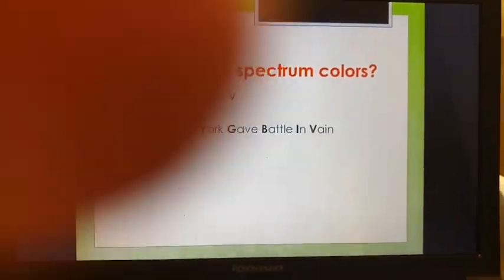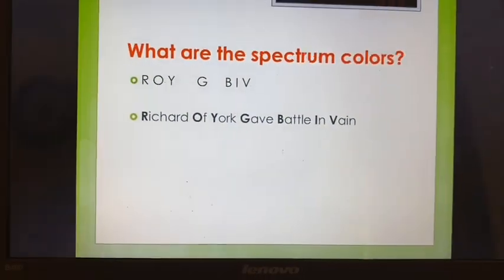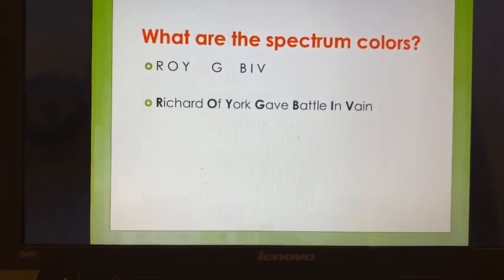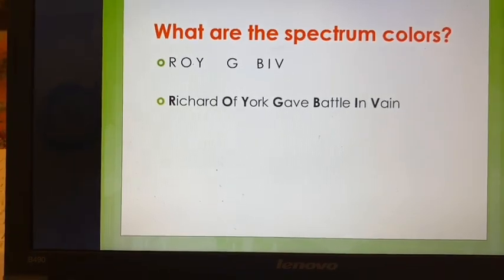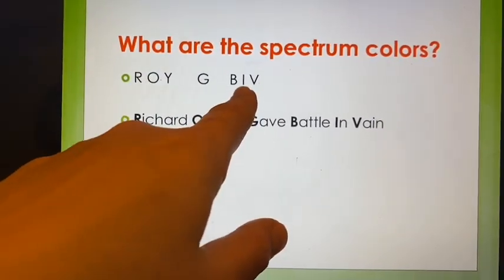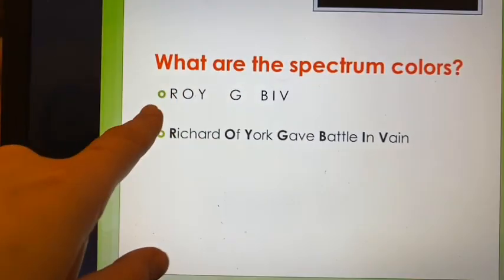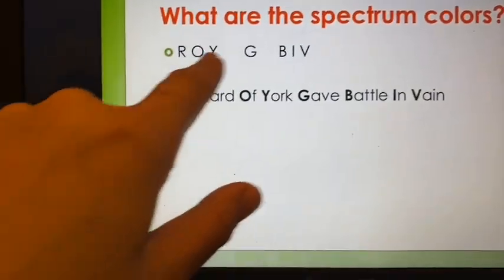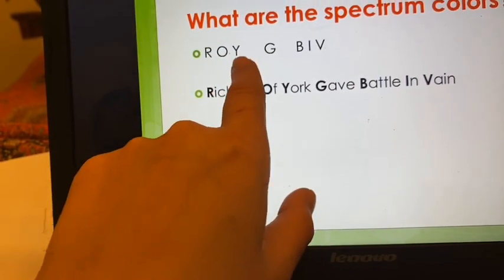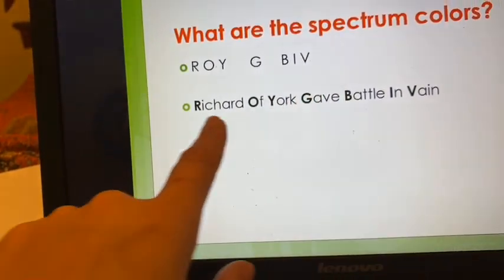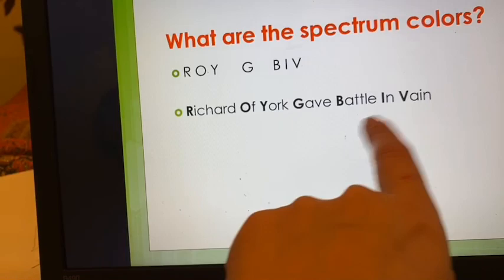Okay? This is one of the ways you can memorize the order of the rainbow. It's red, orange, yellow, green, blue, indigo, violet. You can memorize it this way: Roy G. Biv. Red, orange, yellow, green, blue, indigo, violet. Or Richard of York gave battle in vain.